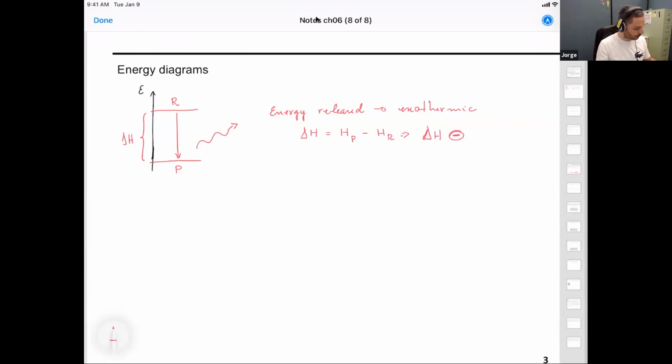All right, so now let's see another example here. So what I have here is ammonium chloride, and I'm going to do the same thing with ammonium chloride. Going to dissolve ammonium chloride in water. So because ammonium chloride is a soluble salt, when we dissolve the solid in water, we are going to produce ions, ammonium and chloride.